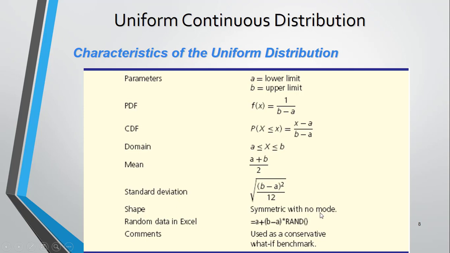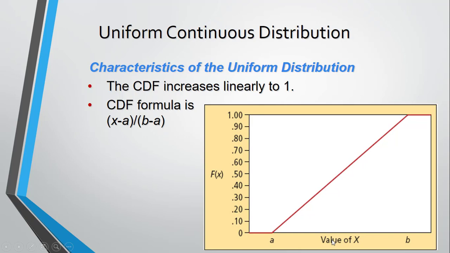The shape of that is symmetric with no mode. And the random data in Excel, you can use this to get random data. It's used as a conservative what-if benchmark of uniform distribution. And the CDF of a uniform distribution increases linearly to 1. It starts from 0.